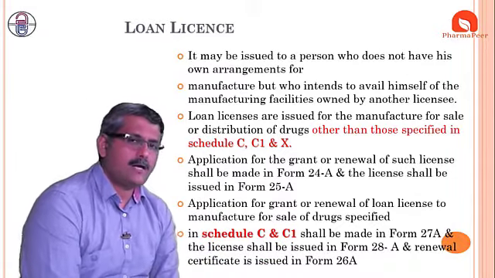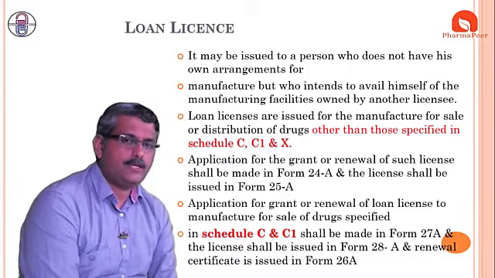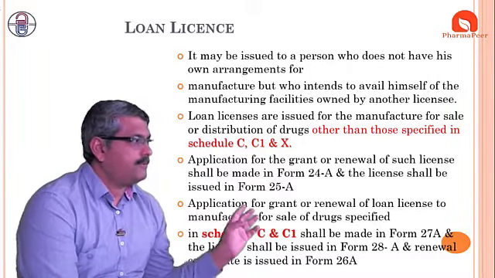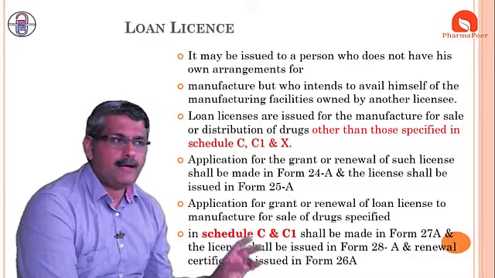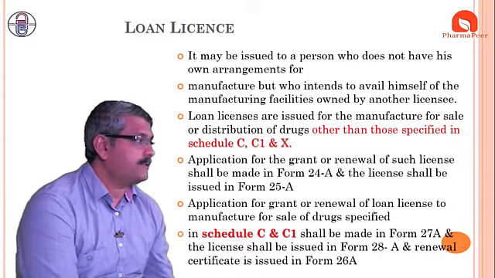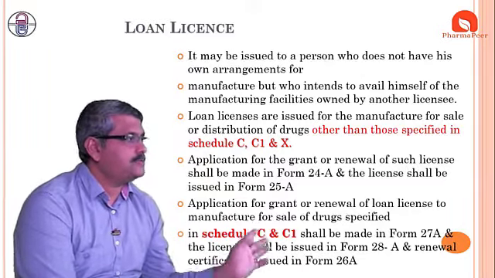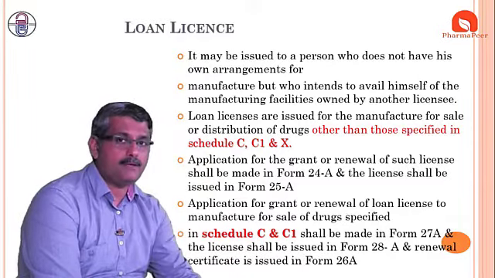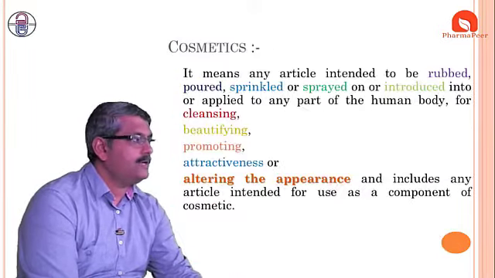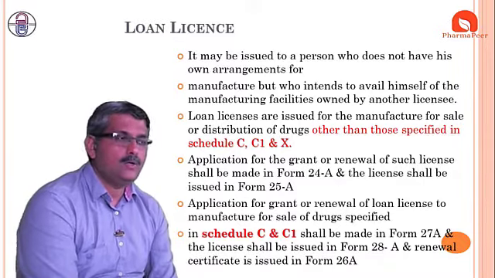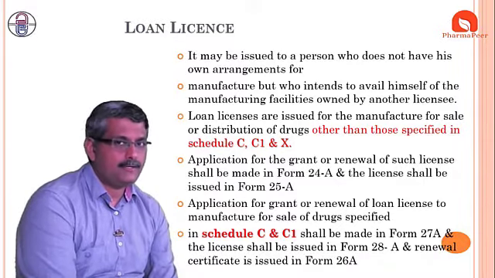These form numbers are very important and we need to remember them: form number 24, form number 25A, B, or form number 27A, 28A, or 26A. So this is what concerns the loan license that we have to remember.